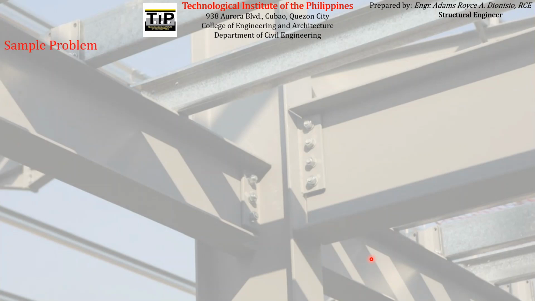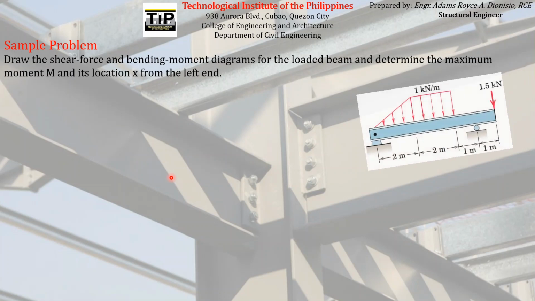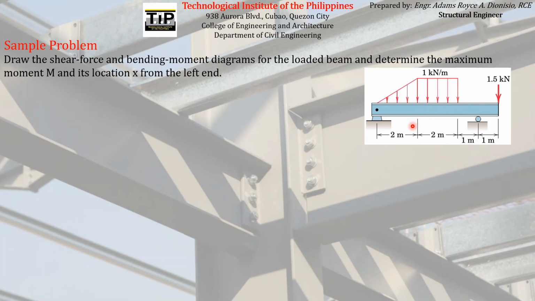So now, let's proceed on applying what we have learned, or applying the information that we have derived previously on this simple sample problem. This is actually an overhang beam.